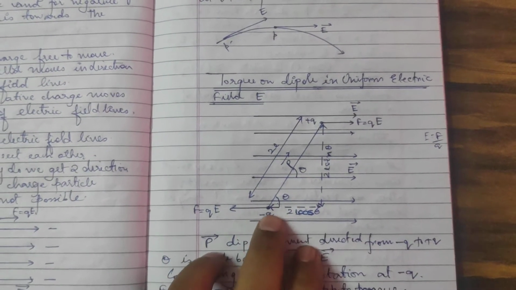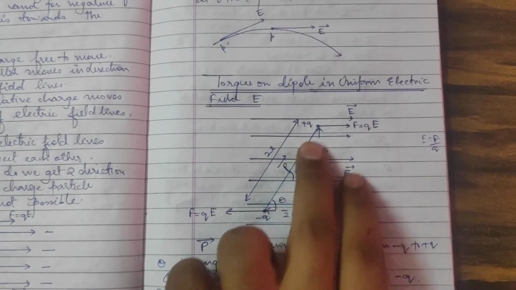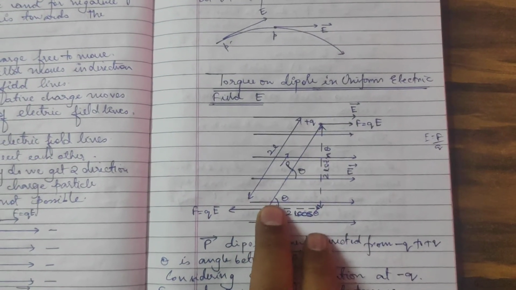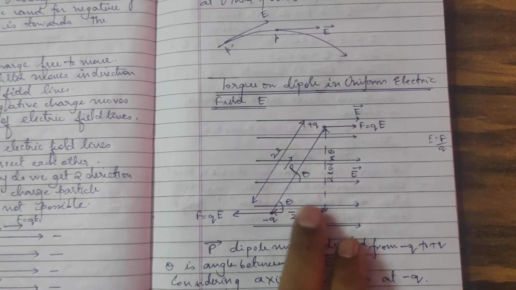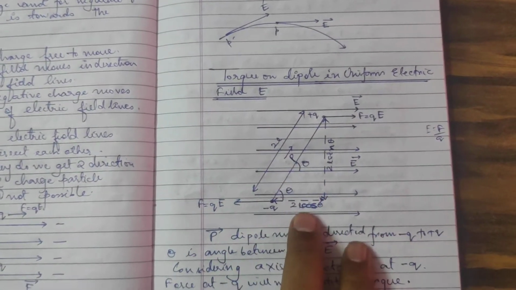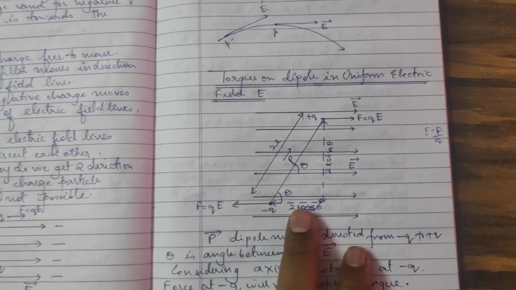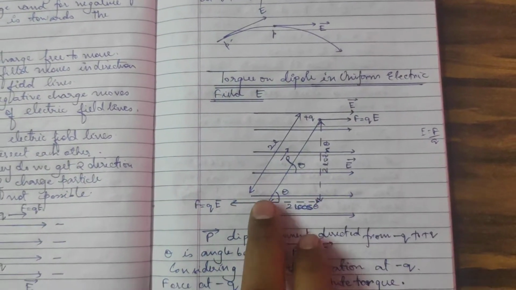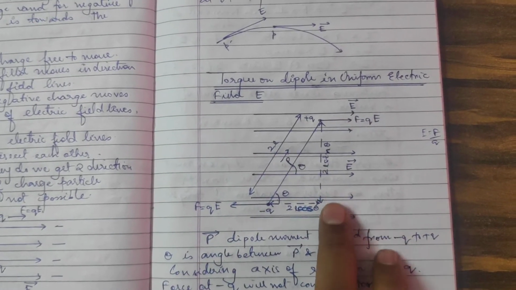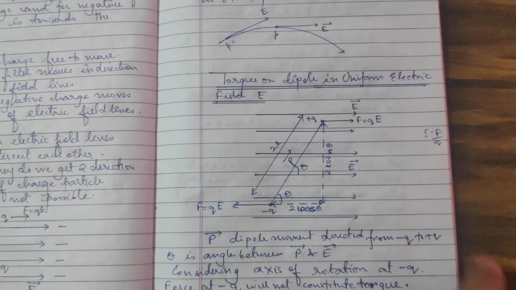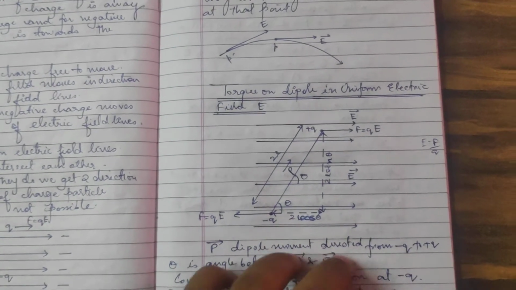In this triangle you can also apply cos theta and sin theta. Cos theta is base upon hypotenuse, and sin theta is perpendicular upon hypotenuse, so you will be able to calculate the perpendicular, which will be 2L sin theta. Both ways you can do it.